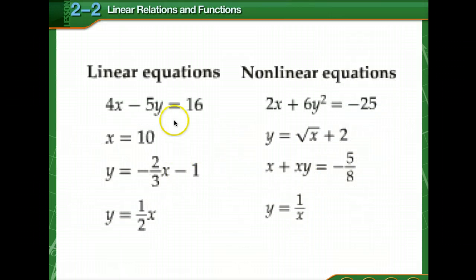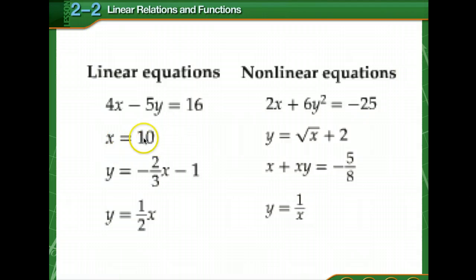Let's look at what a linear equation looks like. Notice that the only operations are either addition, subtraction, or multiplication. The variables are to the first power. There are no variables in the denominator. And there's no xy or ab, or there's only one variable, and it's got a whole number coefficient.